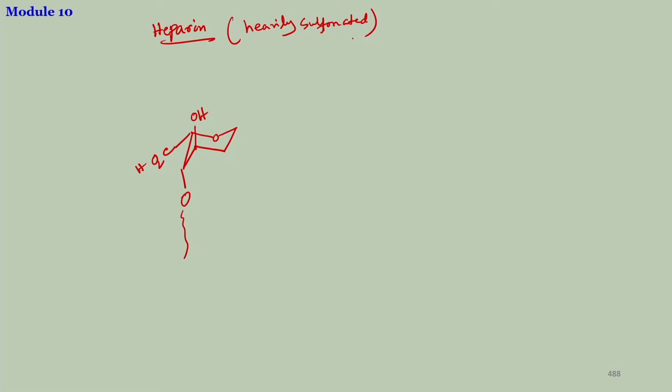There is a sulfate group in it. So, here is the alpha position, there is O SO3 minus, and here the hydroxyl group is present in the beta position up the plane, which forms another bond. So, this is the glycosidic bond with the next carbon.